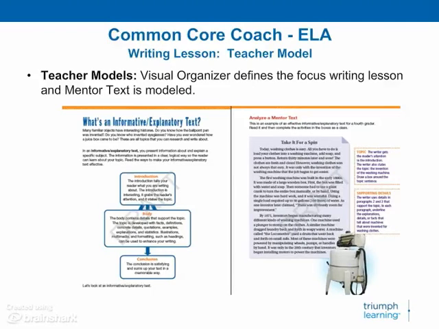The mentor text you'll note here is highlighted in a bluish purple tone, and this is where the teacher reads aloud the text. What's interesting about the mentor text in grades 3 through 8, it is used primarily throughout the entire writing lesson to model what a good writer does.